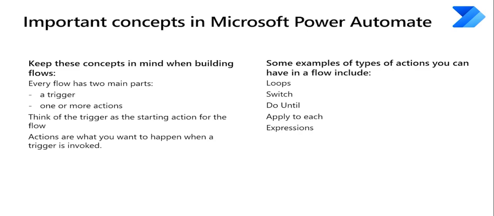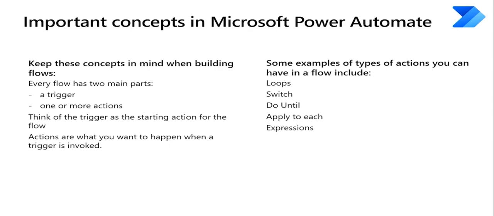And there are also different types of actions you can have in your flow. For example, a loop will run an action until conditions are met to move to the next step of the flow. You can also have a switch, which identifies a single case to execute based on the evaluation of input.